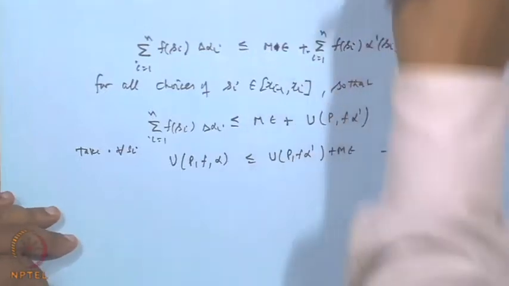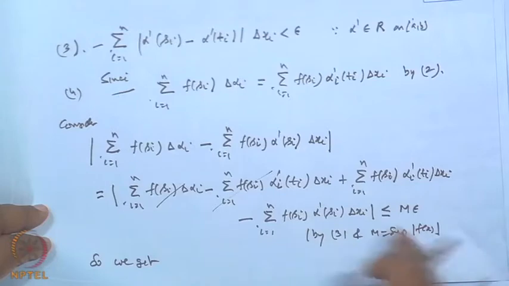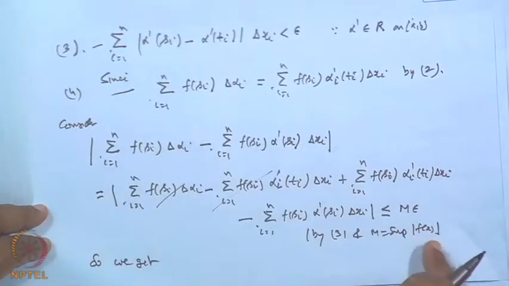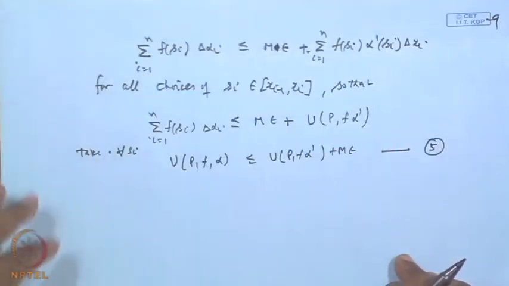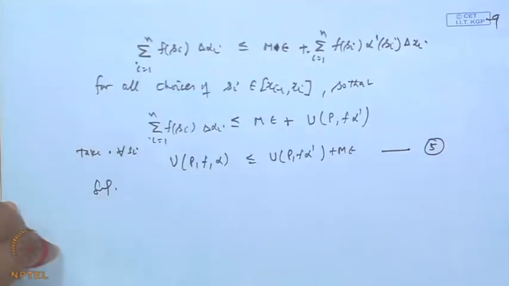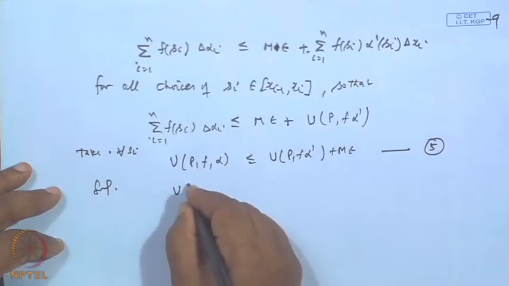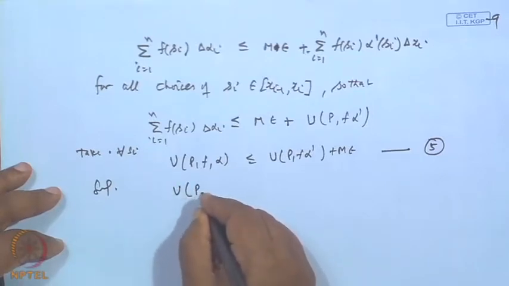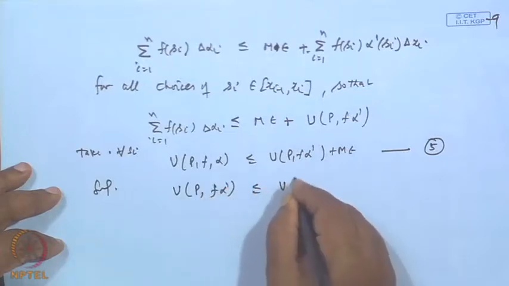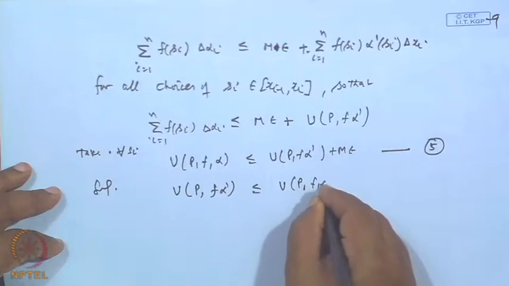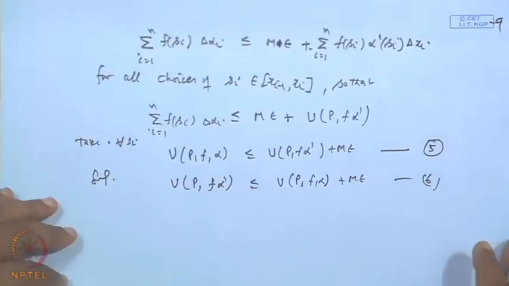Now, in a similar way we can also use this thing. If I take this is less than epsilon naught, so this part is less than or equal to this, greater than or equal to this minus epsilon naught. So, by the same argument we can say that the upper sum of P f alpha dash is less than or equal to the upper sum of P f alpha plus m epsilon, in a similar way from the same inequality.